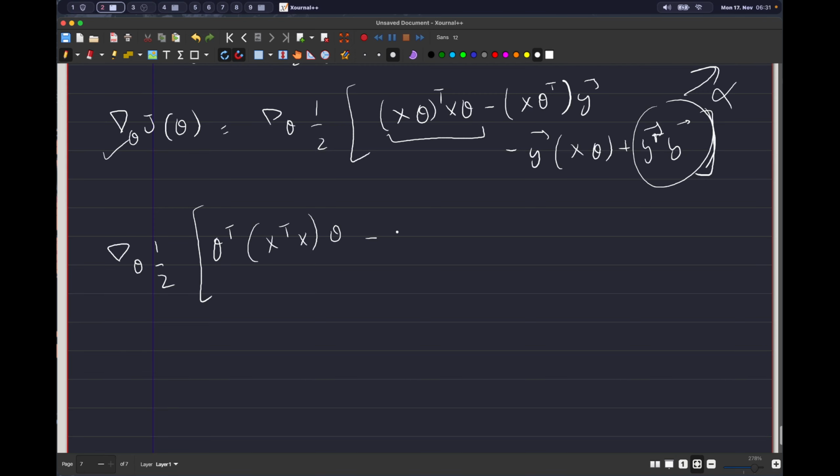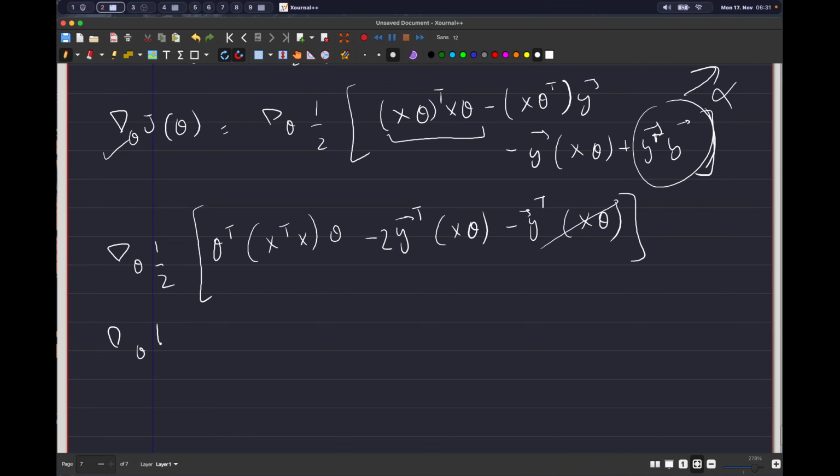Now this thing can be written as y vector transpose times X theta minus y transpose X theta again, and we can add these together and we will get 2 here.